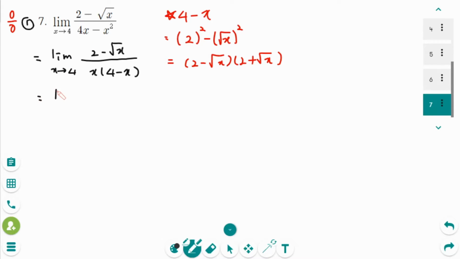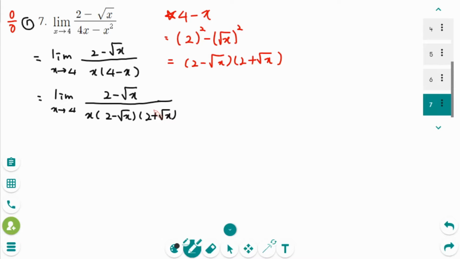And then rewrite the question, 2 minus the square root of x over x times 2 minus the square root of x, 2 plus the square root of x.